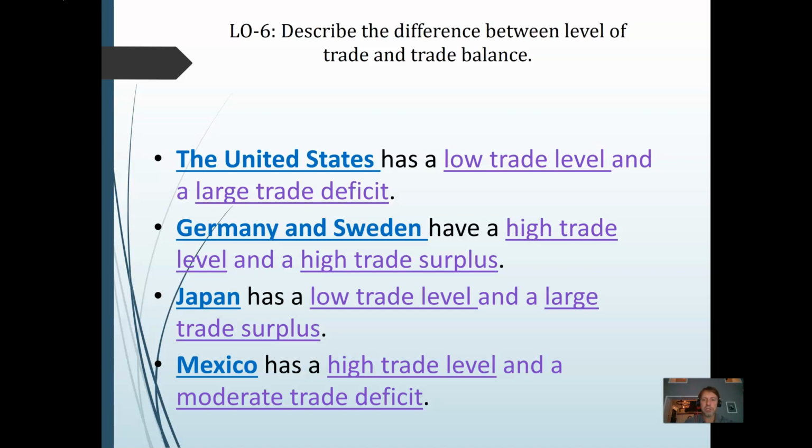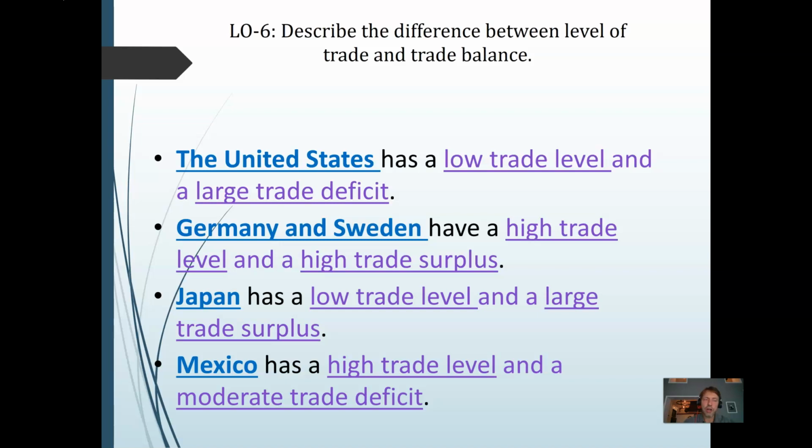It's a small piece, 13.5% of our total economy, versus a place like Germany or Sweden where it's 46, 45, 43% of their entire economy is trade because they're smaller countries and their trading partners are closer. Japan is an island country. It needs to do a lot of trading. But it's been advanced for a long time.